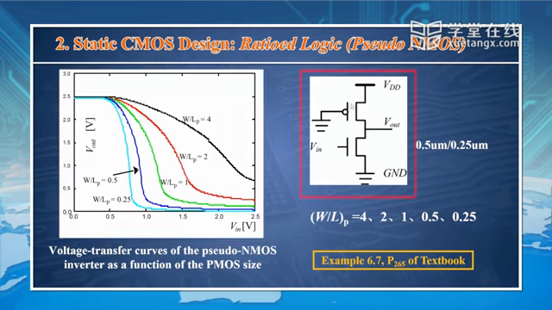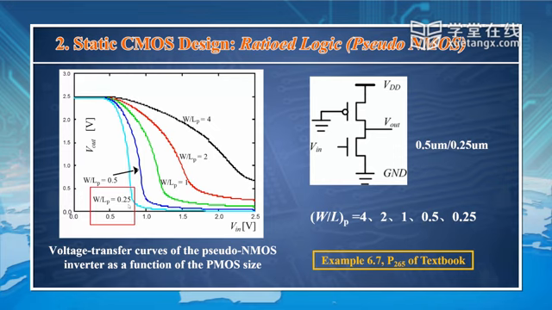Otherwise, if the pull-up network, the PMOS transistor, is strong with a bigger size, then it's harder for the pull-down network to pull it down, okay? So you can see the sizes of this PMOS transistor equal to 4, 2, 1, 0.5, 0.25.